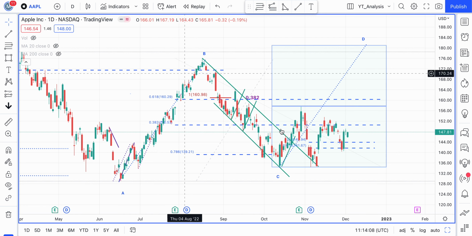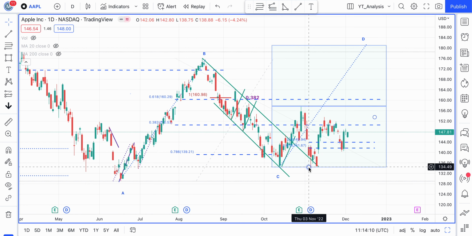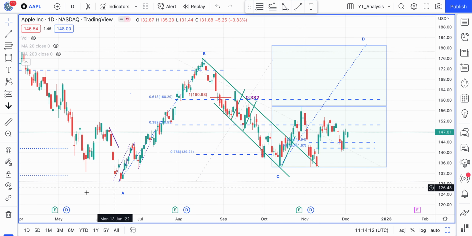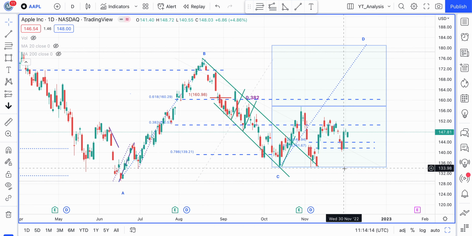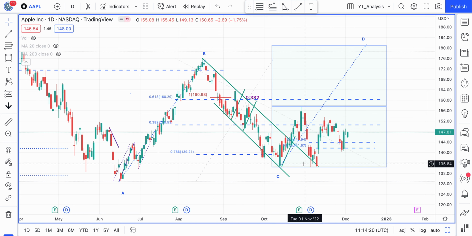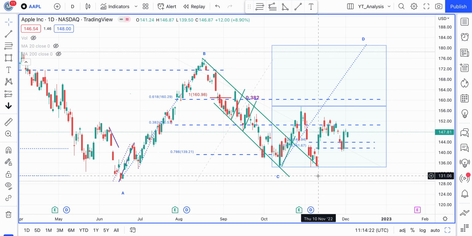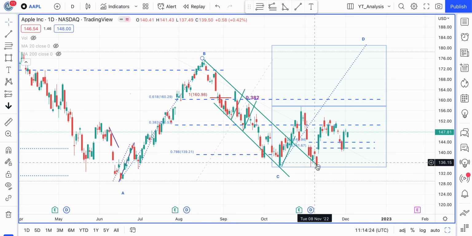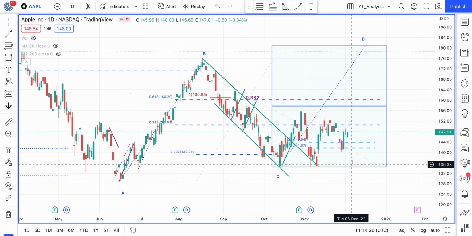So it looks like as long as these lows of 13th of June, and also this higher low of 13th of October, which got retested, and price so far rejected lower prices, they hold.